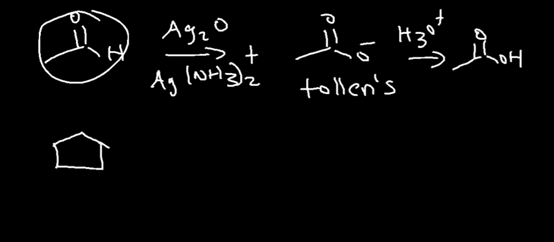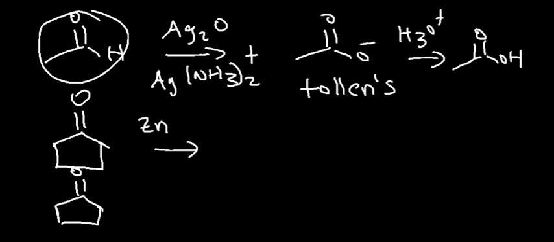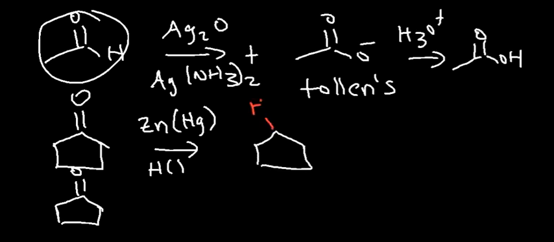Now sometimes you may need to reduce a ketone to an alkane. There's three ways to do this. One way we covered already. Under acidic conditions, you want to use what is known as the Clemmensen reduction, which is zinc alloyed with mercury and HCl. So it's going to get rid of the carbonyl group, and it's going to add two hydrogens, which you can simply write as cyclohexane.